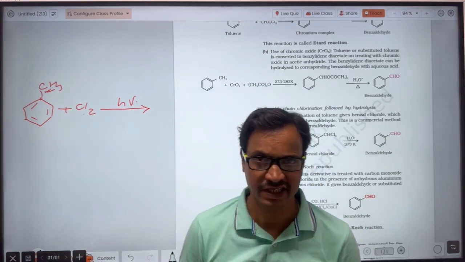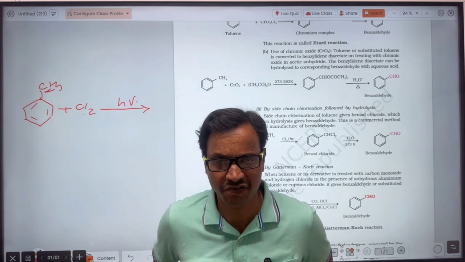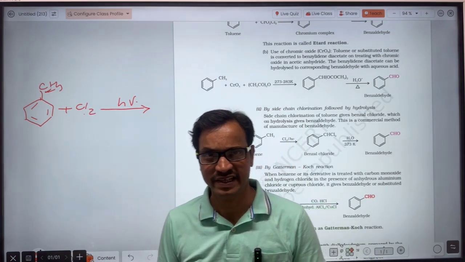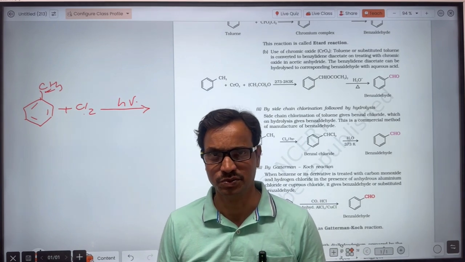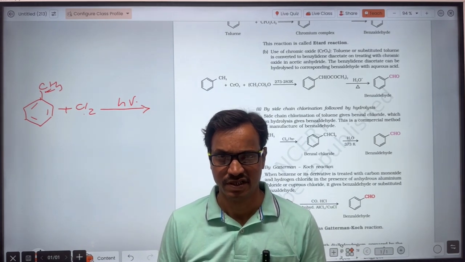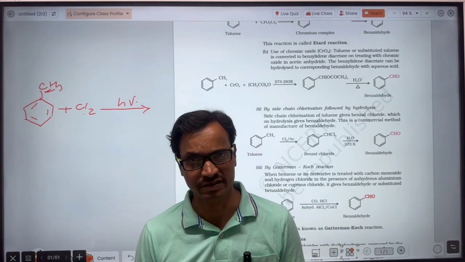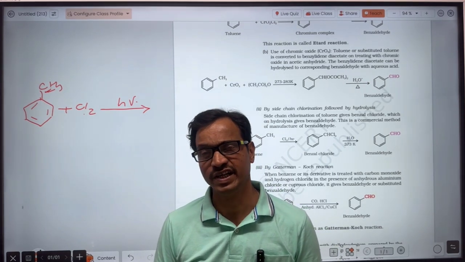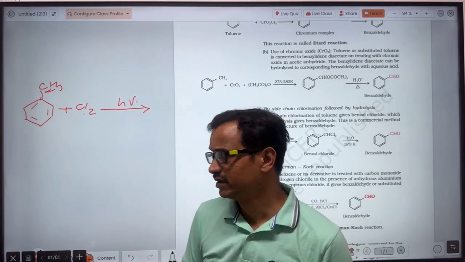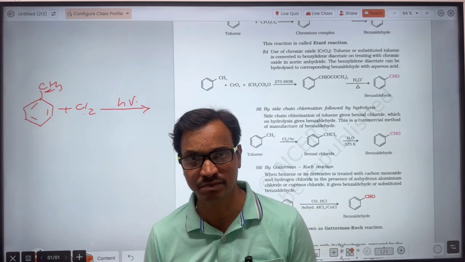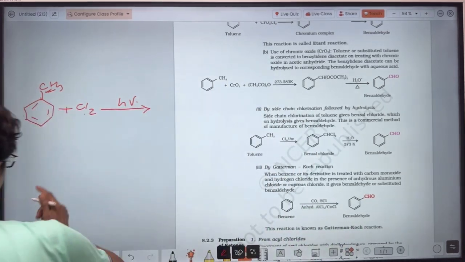Keep in mind that when halogenation of toluene is done in presence of light, then the chlorine will bond to the methyl part. While when halogenation of toluene is done in presence of any Lewis acid, then the halogen will bond either to the ortho position or at the para position. So what happened here?